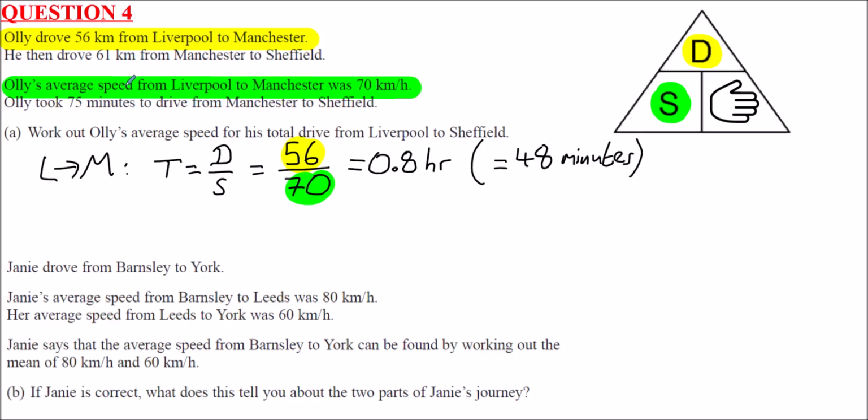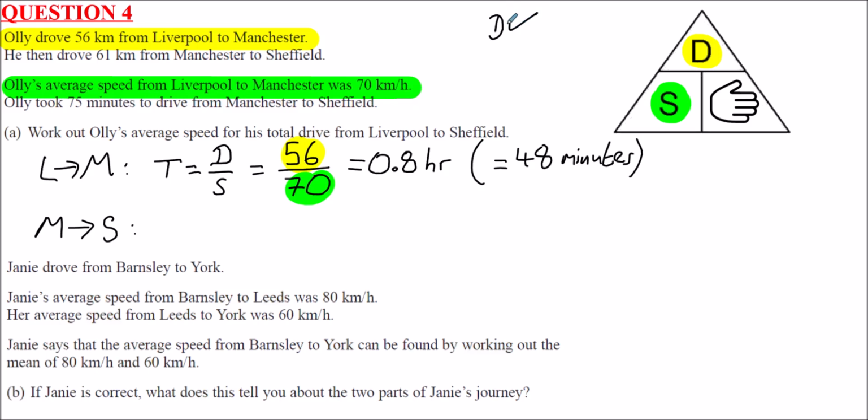But then, of course, he goes from Manchester to Sheffield. So what do we know about Manchester to Sheffield? Well, we know that the distance is 61 kilometres, and it took him 75 minutes to go from Manchester to Sheffield. So we know the time as well.